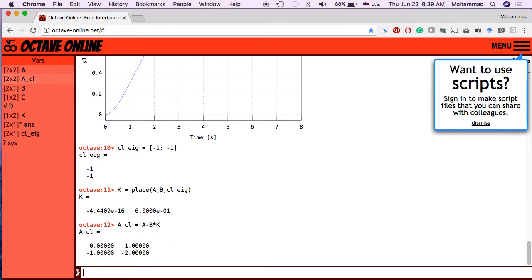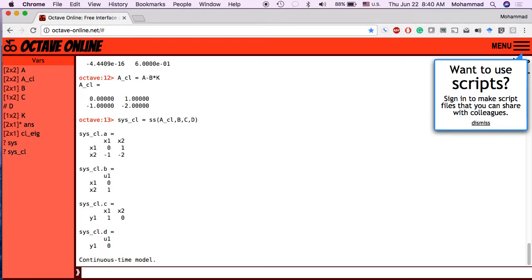So that gives us a new A. So we are now going to create a closed loop system, which is a state space model of A of closed loop. So we are no longer going to use A of open loop, but A of closed loop, while B, C, and D remain the same. So the only thing that changes between open loop and closed loop is the A matrix. So that gives you a new system.